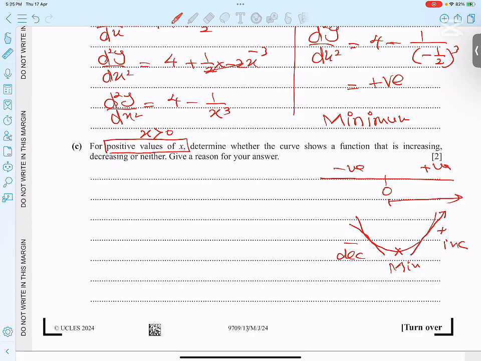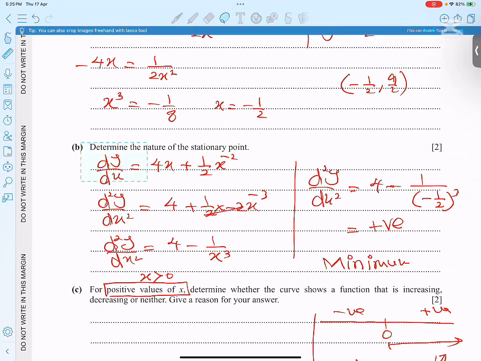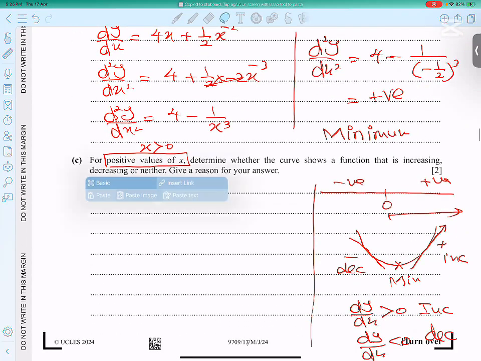So if you get a derivative value more than 0, positive, it is called an increasing function, and if you get a negative, it is called a decreasing function. So let's try to solve it. First of all, I already have a derivative. I will take this and bring it down. So copy and paste.